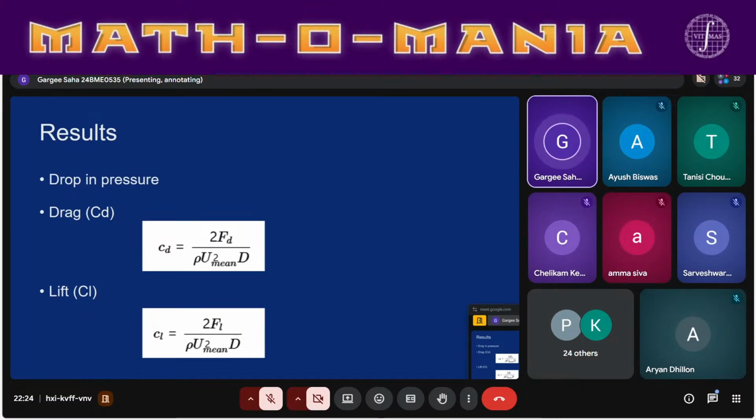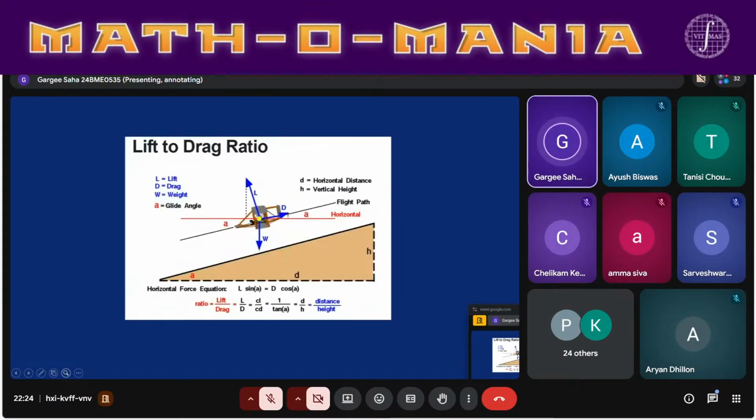So there is an equation on the screen where it will take the conditions of the lift to drag ratio. As you can see, CL and CD is mentioned. This is the coefficient of lift to the ratio of coefficient of drag.